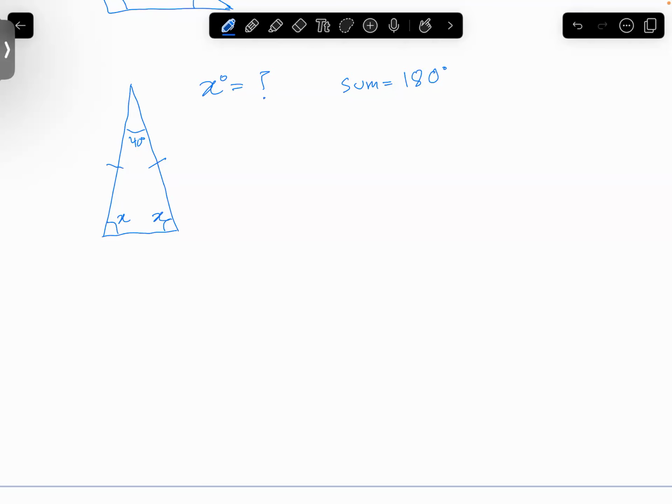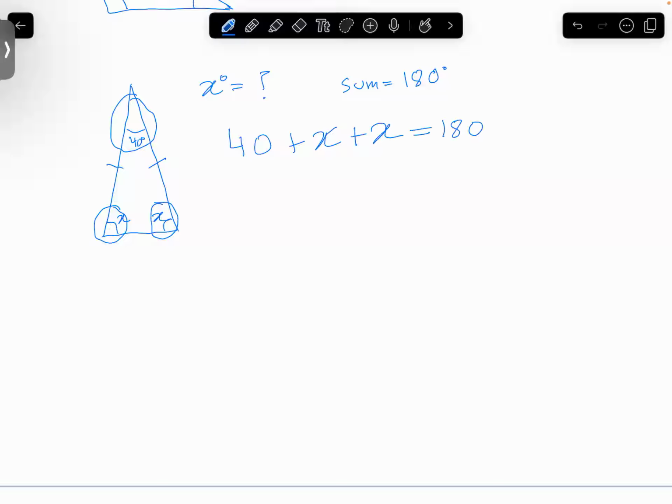So I'll show the correct answer now. Because it said this is an isosceles triangle, we know both of these angles are equal. And we also know the third angle of 40 degrees. So many people probably thought it was 40 plus x equals 180, except there are two angles that are missing. So the real thing is 40 plus 2x equals 180.